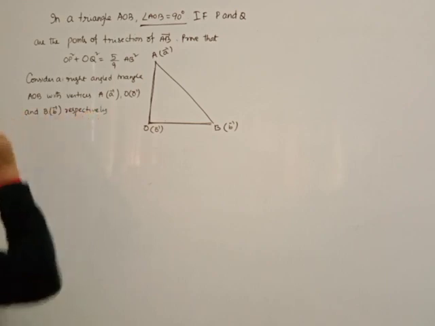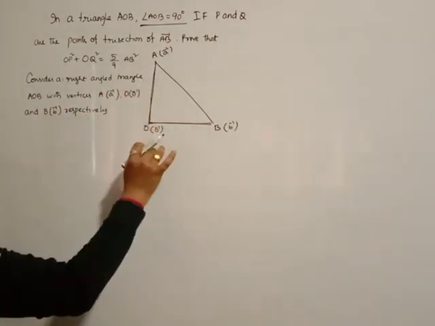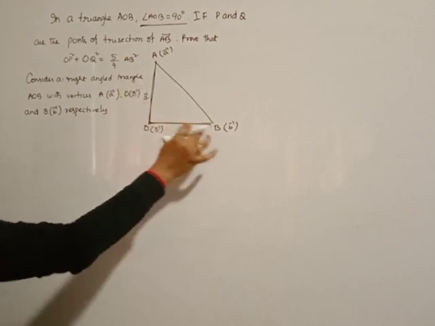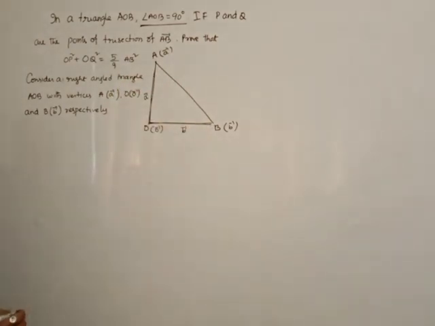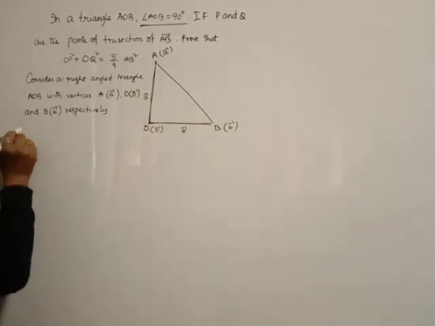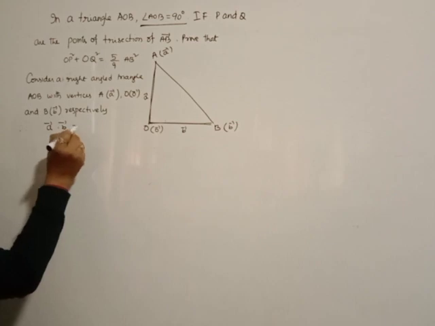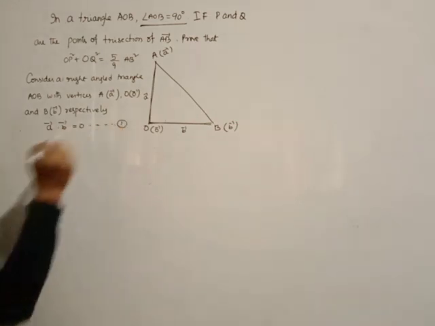See, it is a right angle triangle. This is A bar and this is B bar. So these two vectors are perpendicular to each other, a right angle triangle. Therefore the first condition is A bar dot B bar is equal to 0. This is the first condition.